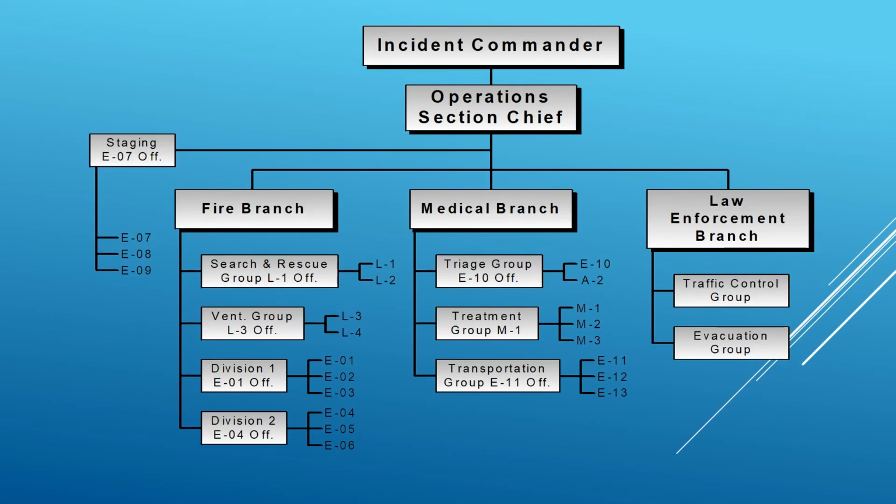As the incident continues to grow, you can break it down into units. So here we have a fire branch, medical, law enforcement branch. Inside of law enforcement, we got traffic control, evacuation group. We may have a security group. And then that kind of diagram breaks down the actual resources that are inside of each group and division.